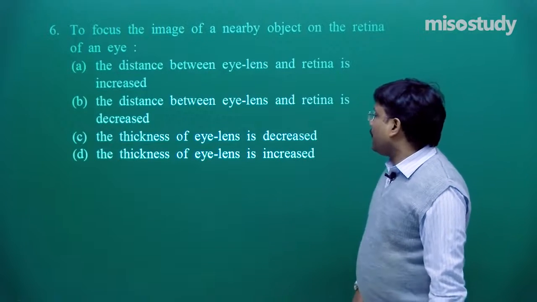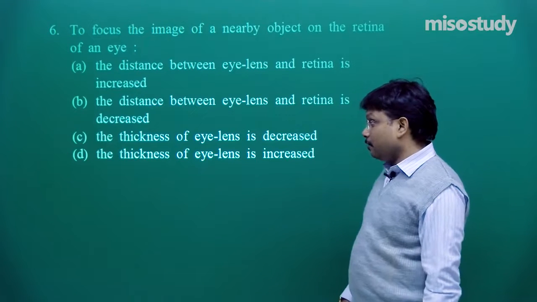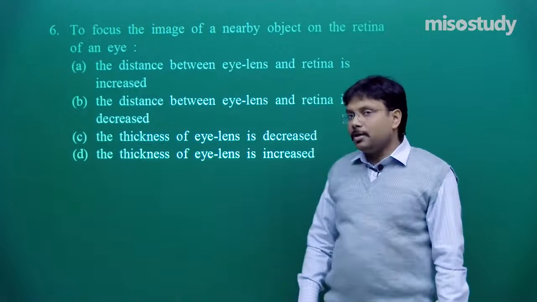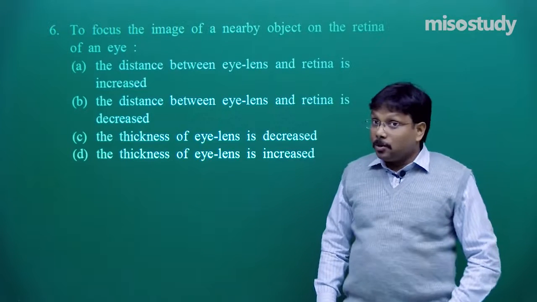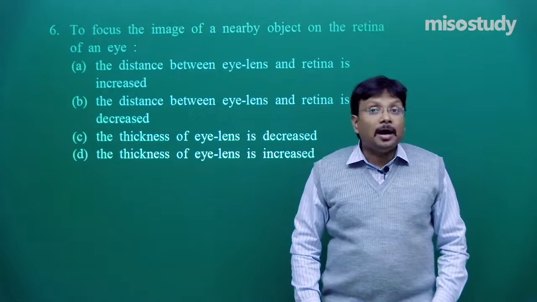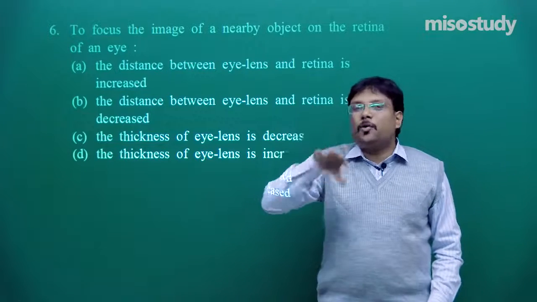The thickness of the eye lens is decreased. Okay, thickness, think on it. The thickness of the eye lens is increased. Now here, try to recall that in the first or second answer I mentioned that the human eye lens, which is a convex lens, has the ability to change its focal length.